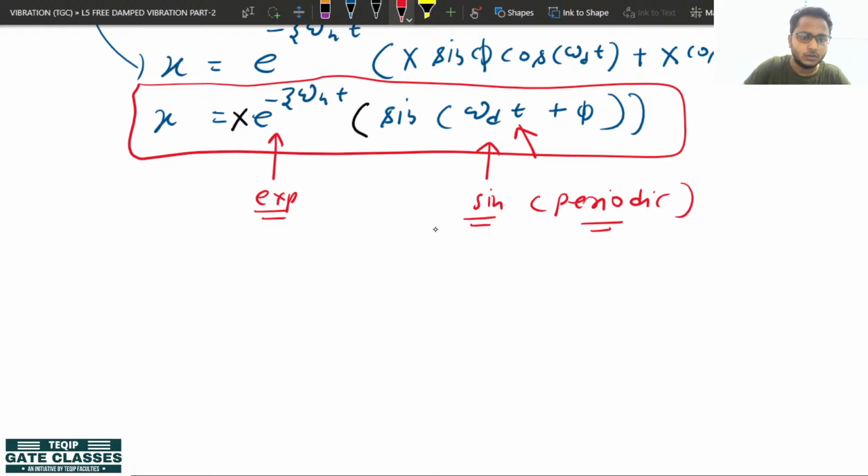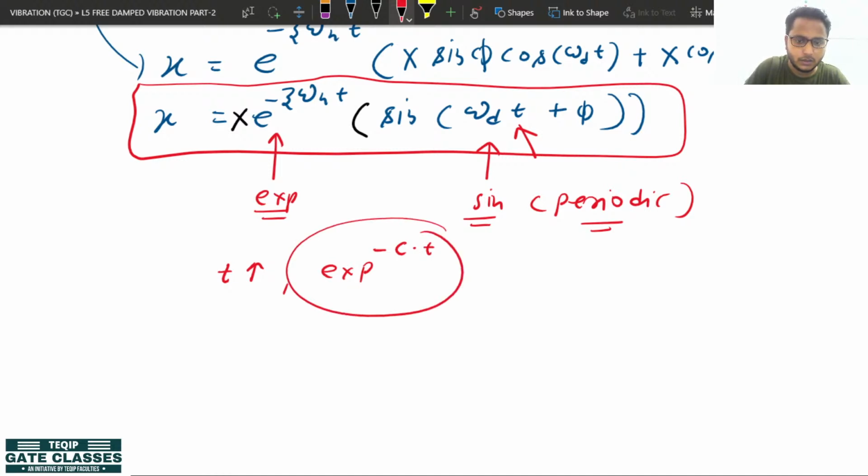So we can see that when the time increases, the exponential term, because the exponential has minus a constant value multiplied by t, will decrease. When time increases, the sine function will move from minimum -1 to maximum +1, right?